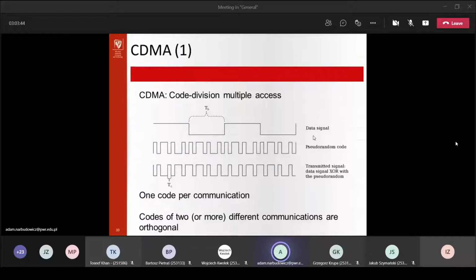That seems like a very efficient idea, right? The problem is in the multiplication by the pseudo-random noise.